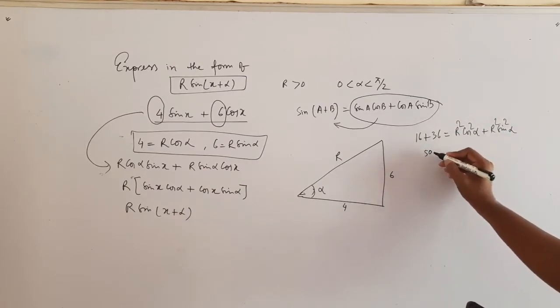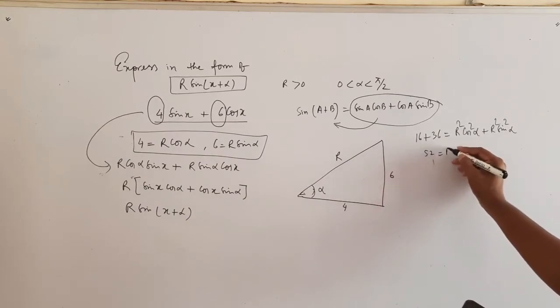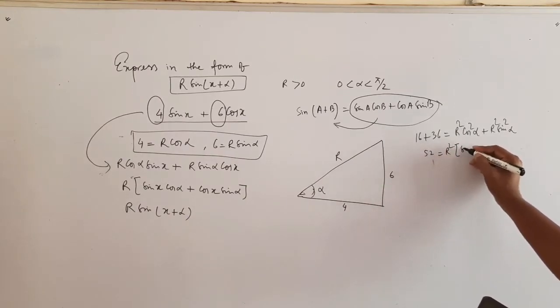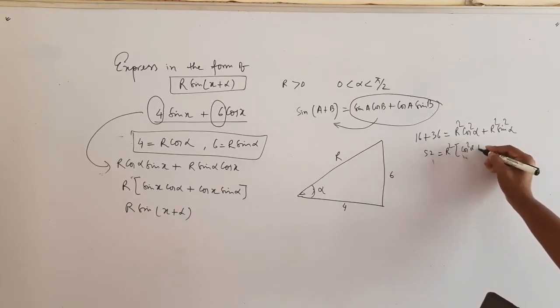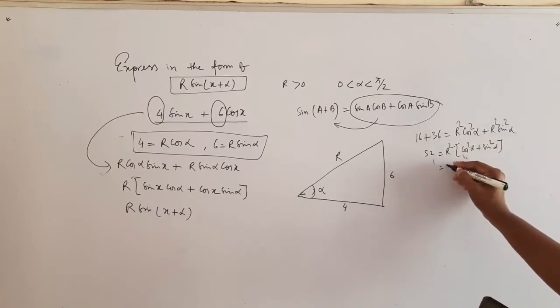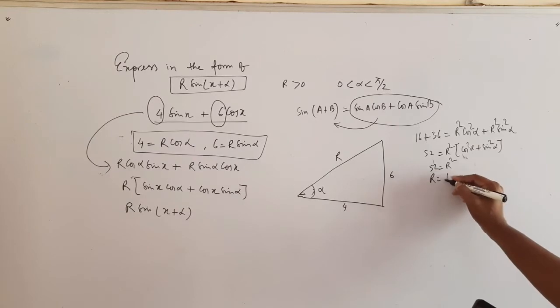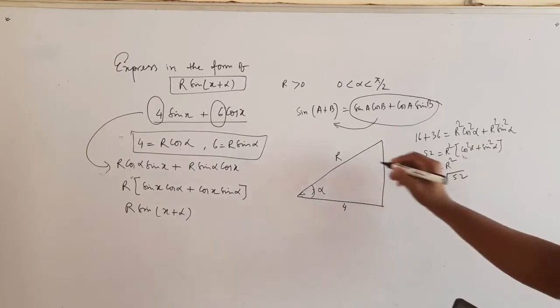So 52 is r square. If you take r square common, you get cos square alpha plus sine square alpha, that is r square 52. So r is square root of 52.